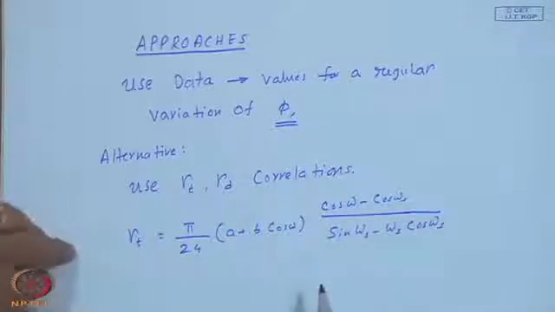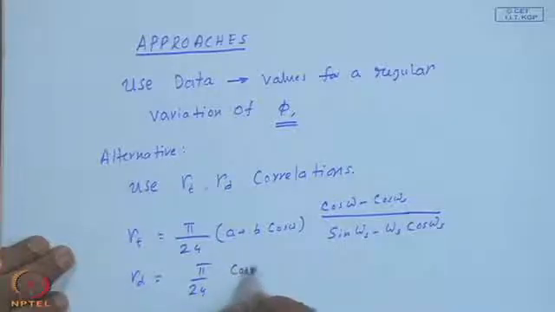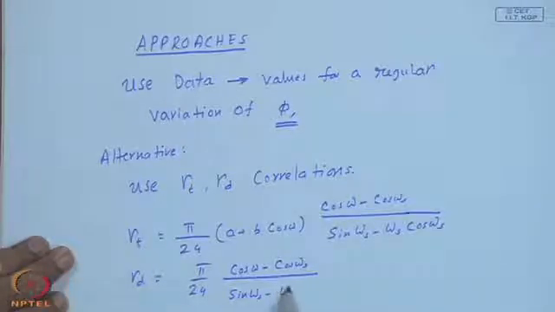You can check this relation. Similarly, R d is pi by 24 times cos omega minus cos omega s by sin omega s minus omega s cos omega s.